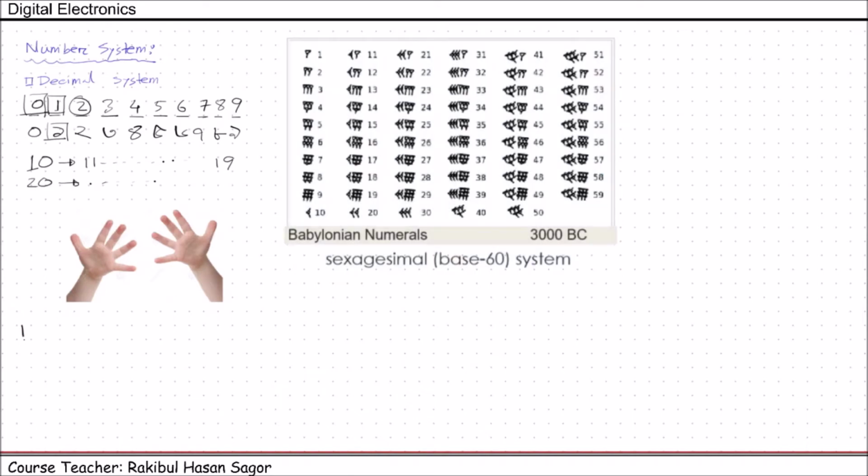What is base? Base or radix is the number of symbols used in any system.